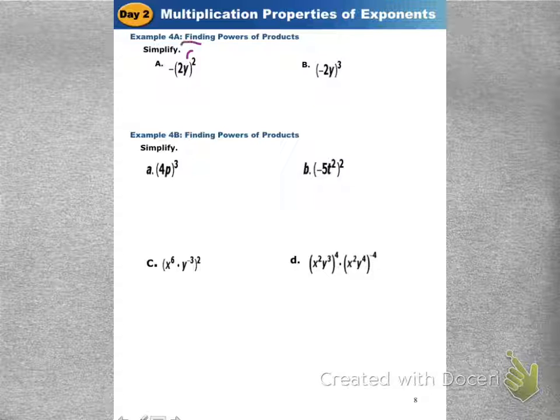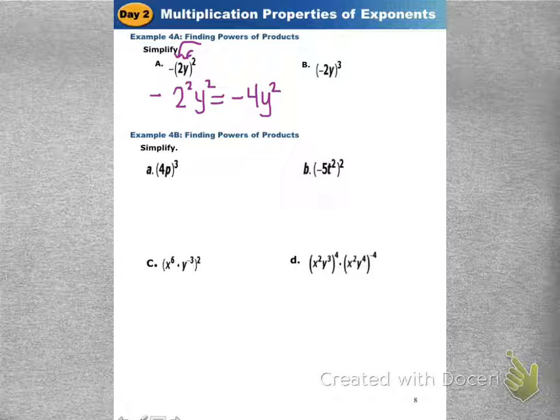So the exponent goes to the 2 and to the y. We have 2 squared and y squared. And then that negative out in front just acts as a way of saying take the opposite of, so it's independent of the exponent. So we have the negative out in front, the 2 squared is 4, and then the y squared.